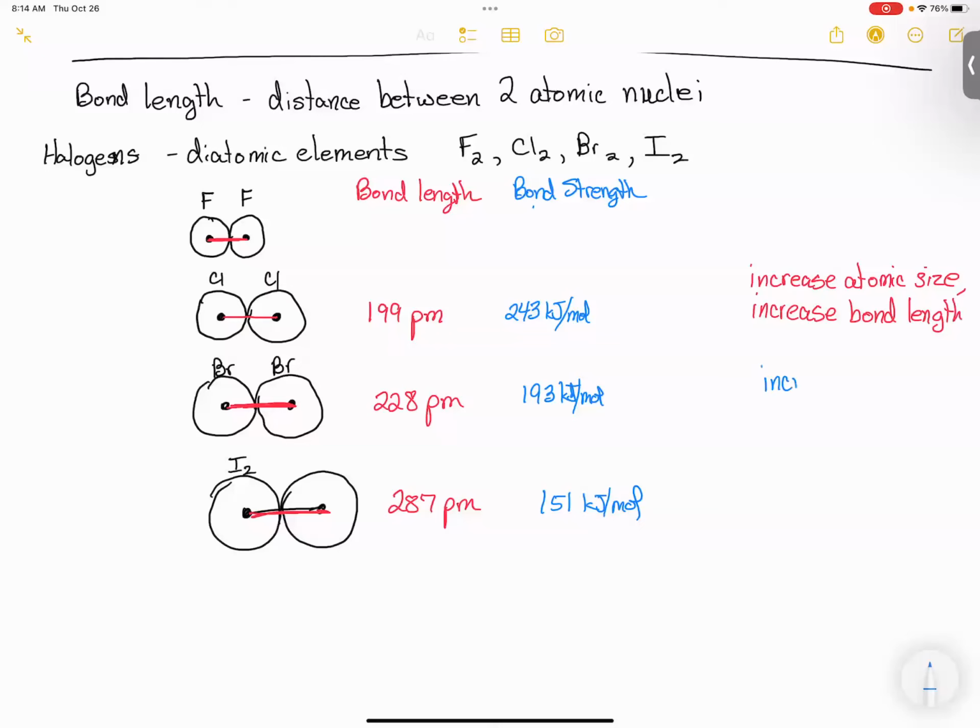Right, if you increase the length, then the bond strength decreases. Meaning that they're inversely related to one another.